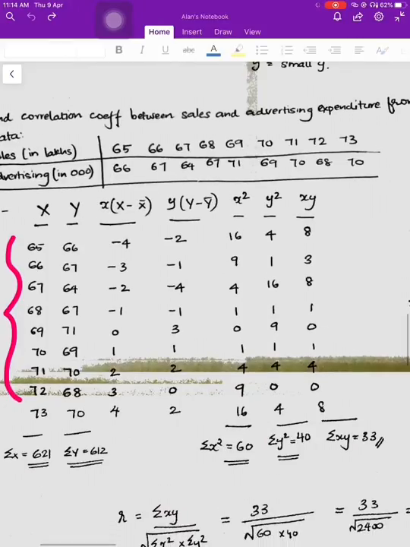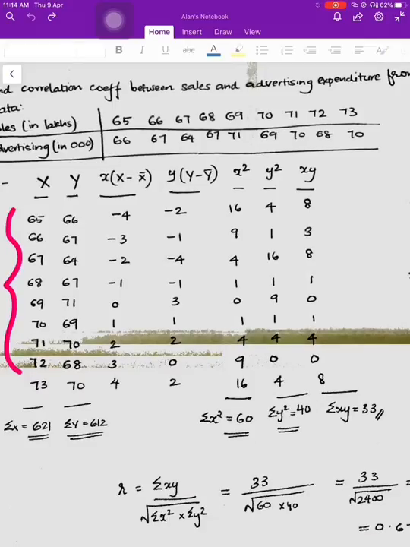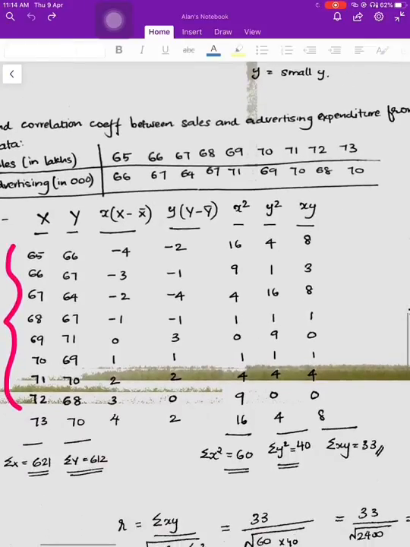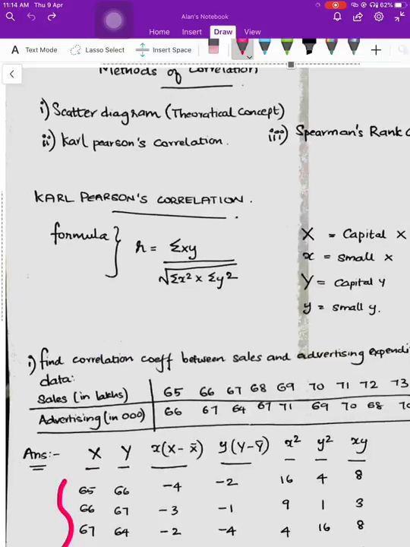So again we have the second one, minus 3 into minus 3, 9. So we will be getting x square as well, and we will be taking the summation of sigma small x square, that is 60, as you can see. So that also we got. Now once we are done with that 60, what is the next step?